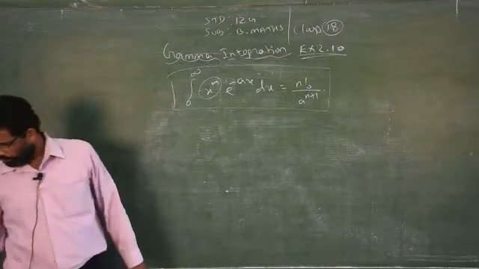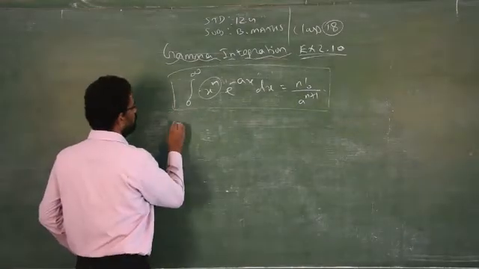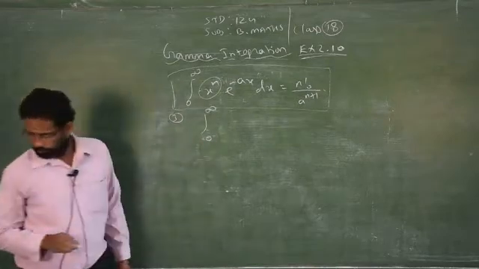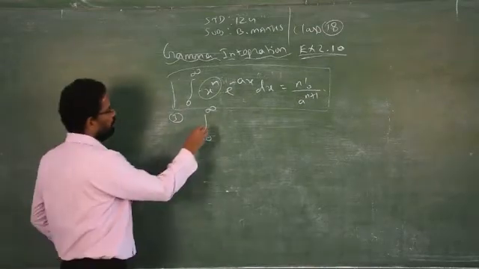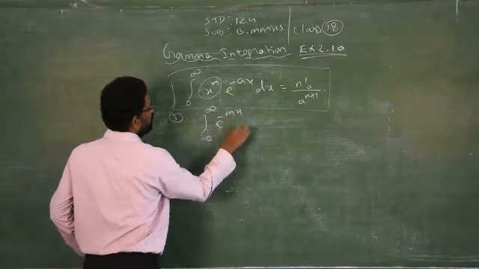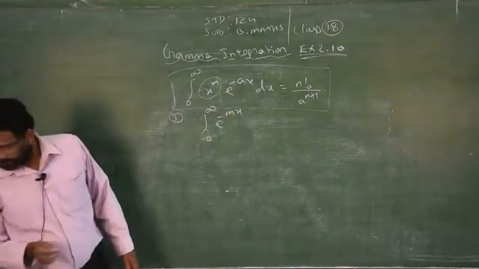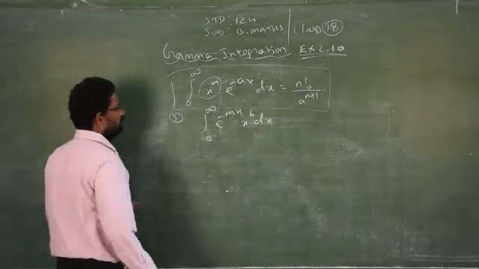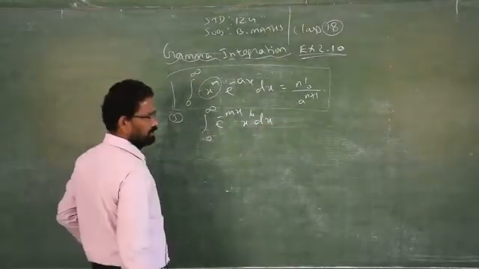Now we will see some problems, that is sum number 3: 0 to infinity e power minus mx, x power 6 into dx. This is under multiplication, so it doesn't matter.